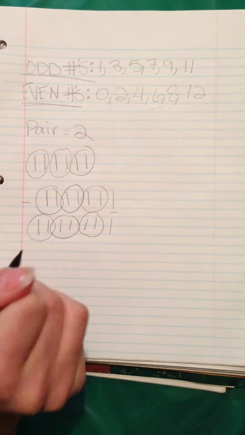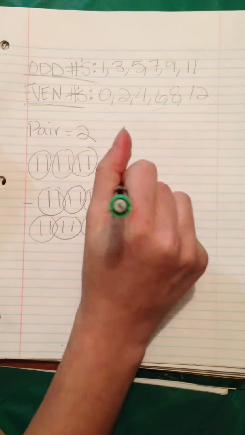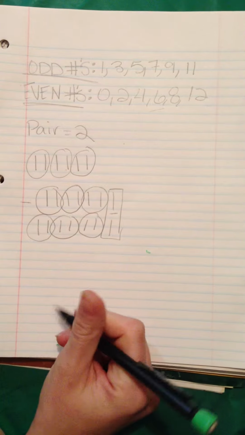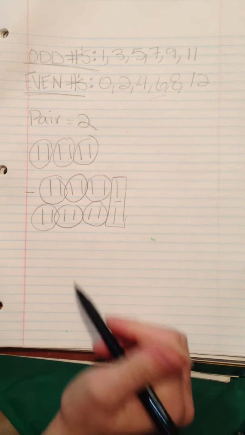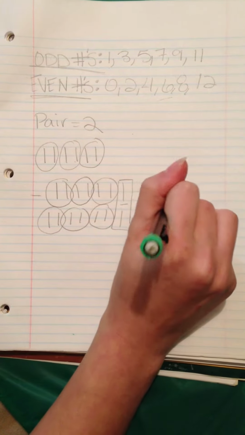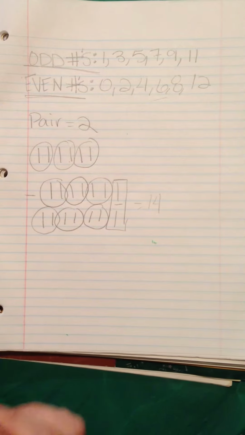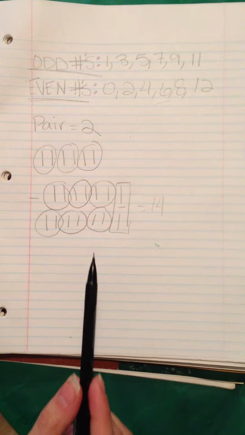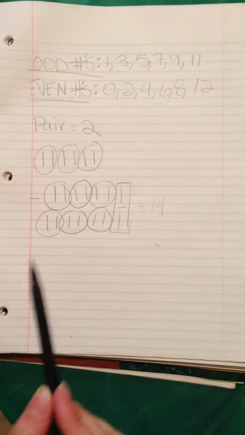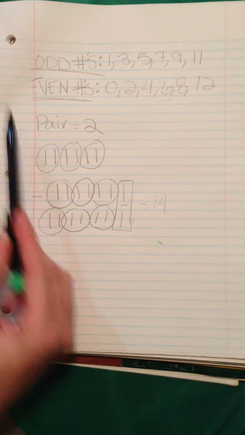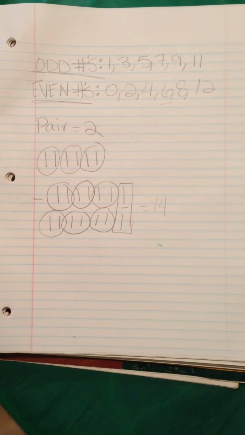Now I have another pair. Then 7 plus 7 sticks equals 14, and that's an even number. Now that we have a good visual understanding of how an odd plus an odd equals an even, it's because we can see that we can make pairs with no leftovers.